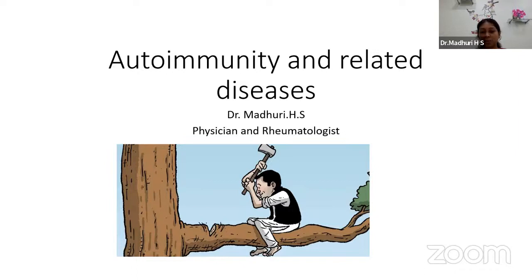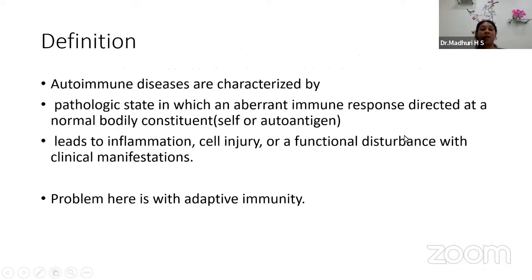First, moving on to the definition. It is defined like this. It's a pathologic state in which an abnormal immune response is directed towards a normal body composition or constituent. This is called a self-antigen or an autoantigen.